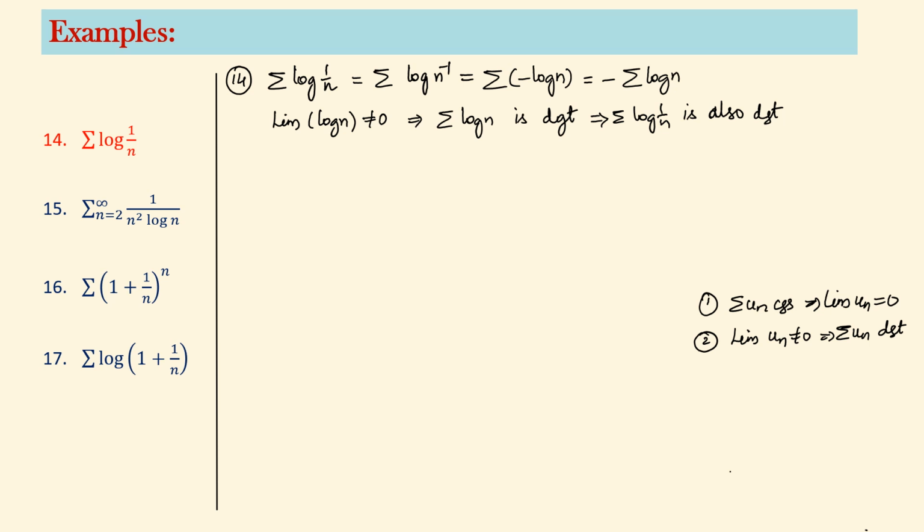So what about 15th one? This question is based on comparison test. We know that log n will be greater than 1 for sufficiently large n. Say there exists m belongs to n such that log n is greater than 1 for all n greater than or equal to m.